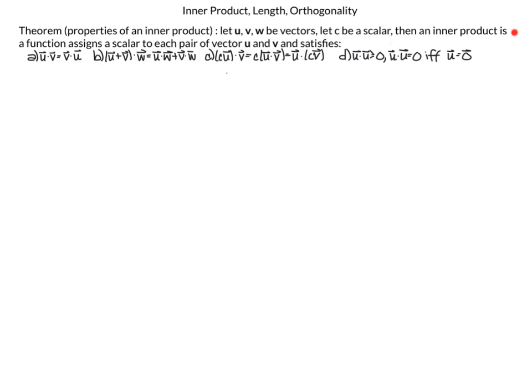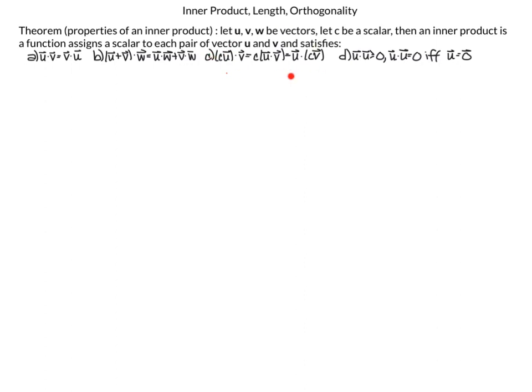Then an inner product is a function that assigns a scalar to each pair of vectors, u and v, and satisfies these four properties. First, there's this commutativity, so u dot v is equal to v dot u. Second, there's this distributive property. The dot product of w with the sum of u and v is equal to the sum of the dot products u·w and v·w.